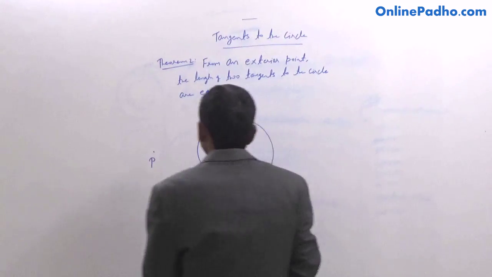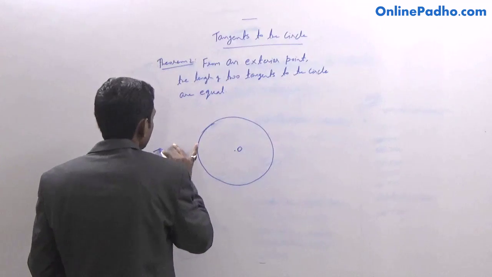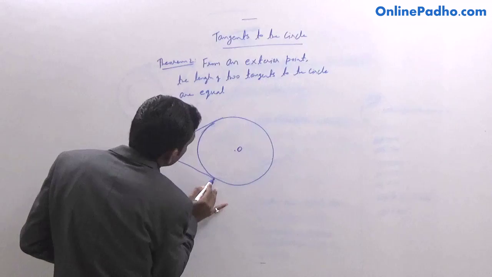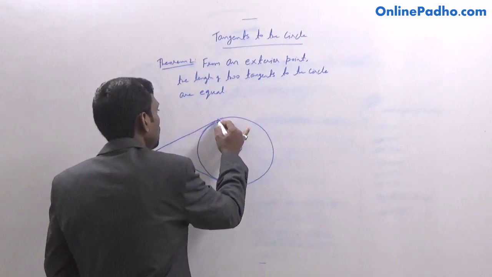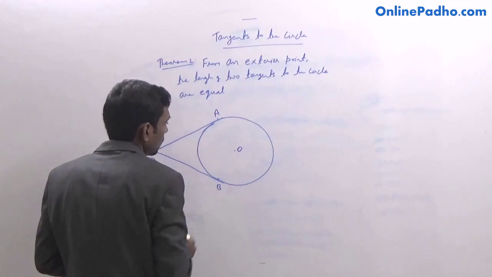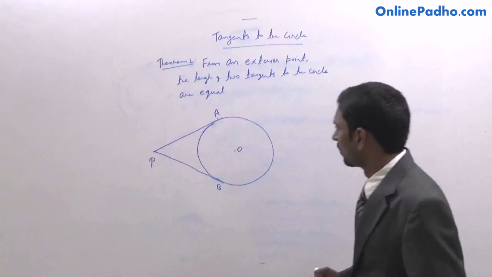So let's see, what are the tangents here? This one is the tangent and this one is the second tangent. We can draw two tangents with points of contact A and B. So we need to prove PA is equal to PB.